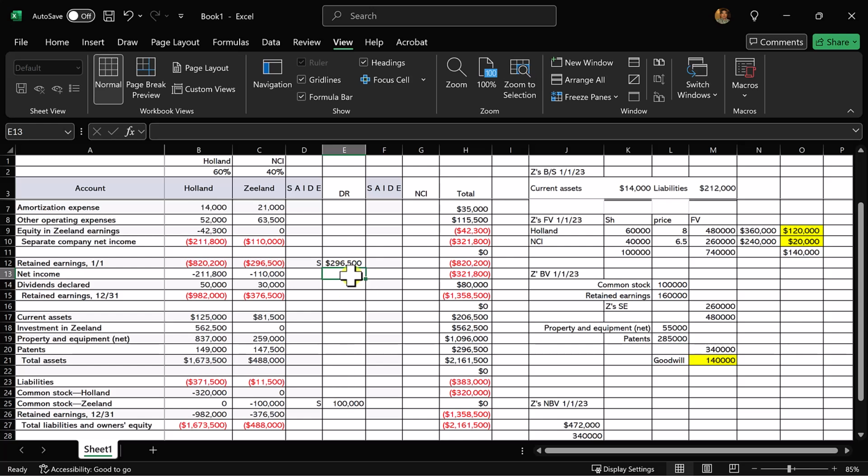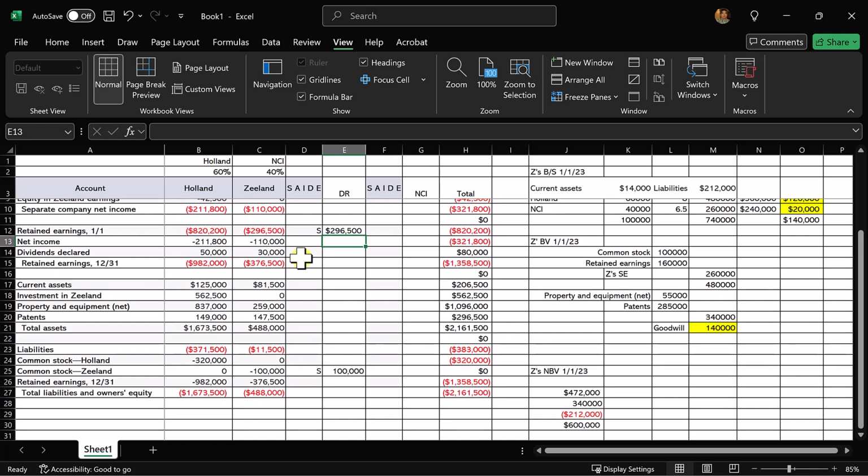Okay, so that's only leaving the retained earnings for the parent. Now I add up the two, and I'm going to allocate it 60% to Holland, offsetting the investment in Zealand, and 40% to a non-controlling interest, which is not even showing up yet.